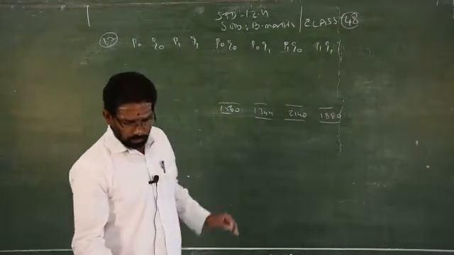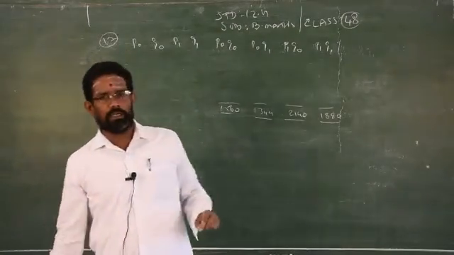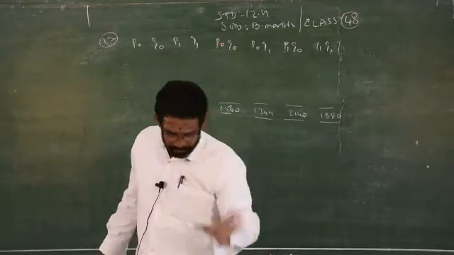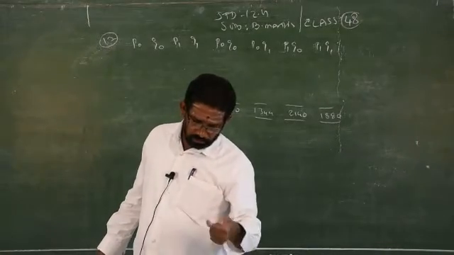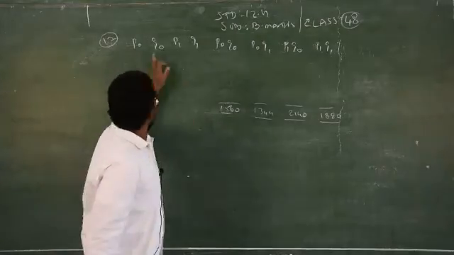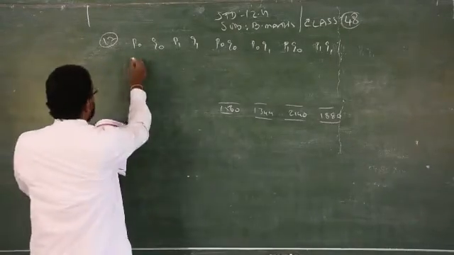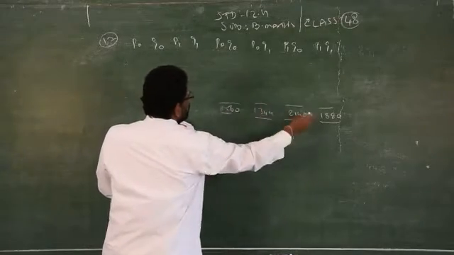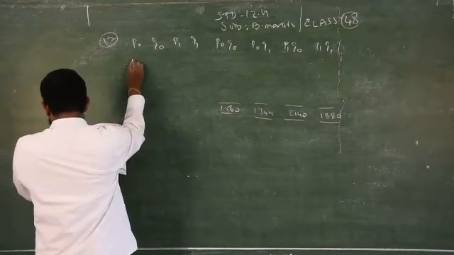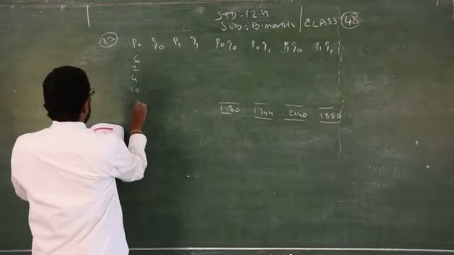So I will do one problem with the model. P naught, Q naught: you know how to take P naught, the price under the base year. In the question, the base year and current year are given very clearly, so there is no confusion. I will write down only the data for P naught and Q naught. The total is already given, so check the total. P naught: 6, 2, 4, 10, 8.